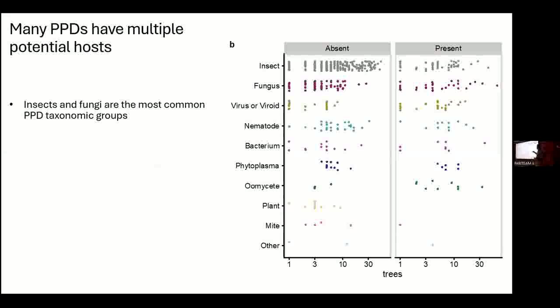Fungi next, most important, viruses and viroids, nematodes, bacteria, phytoplasmas, oomycetes. Strangely enough, not that many oomycetes; a lot of them have already got here. Some parasitic plants and things as well. Anyway, it gives you an idea of the scope. There are about 600 pests and pathogens which could affect our tree species that haven't arrived yet.